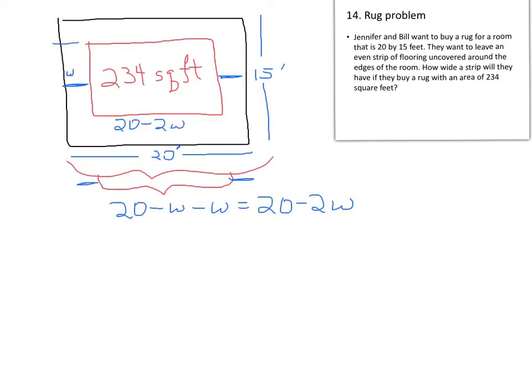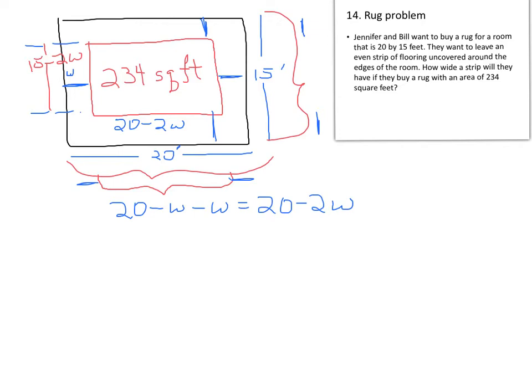And then we're going to come out here and say the width of the rug is going to be 15, do it in red, 15 minus 2W. Because the total width is 15 feet, and then we're taking away this width and this width, which is W and W, so it's 15 minus 2W.